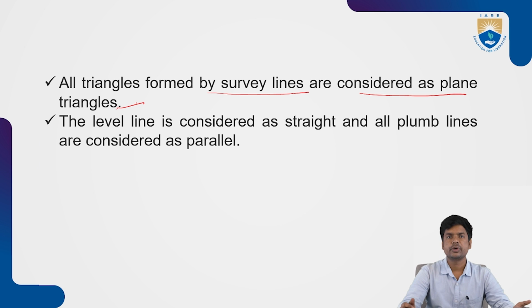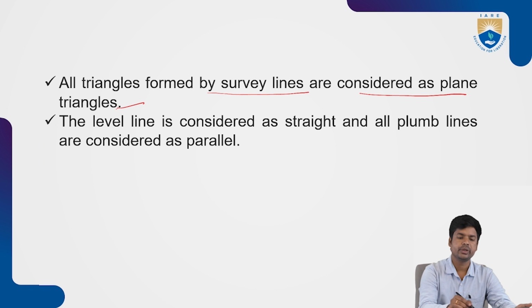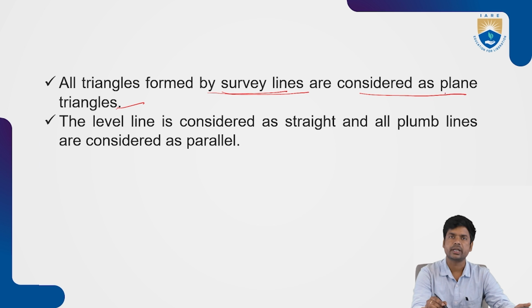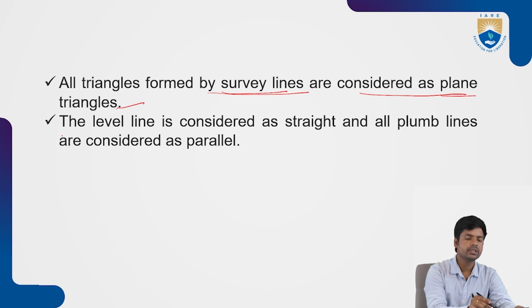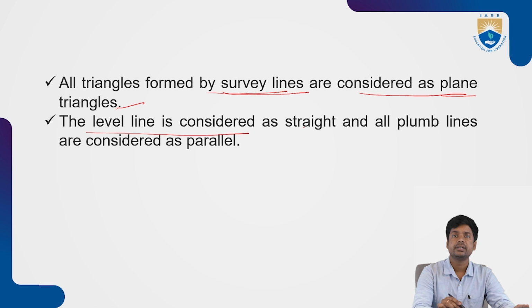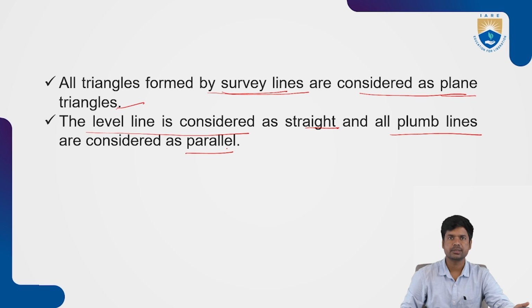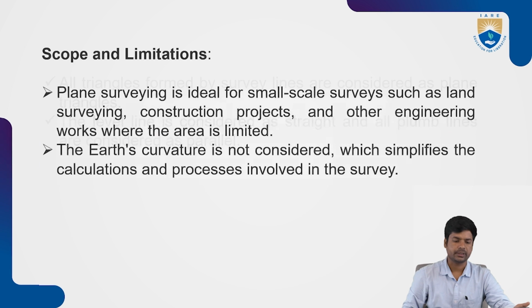In plane surveying, we are going to use a triangulation method, so whatever triangles we form by using the survey lines are considered as plane triangles. The next one, the level line is considered as straight and all plumb lines are considered as parallel. These are the assumptions in the plane survey.